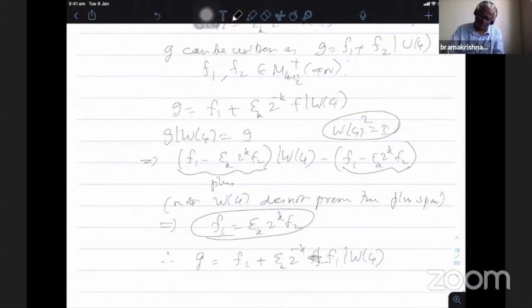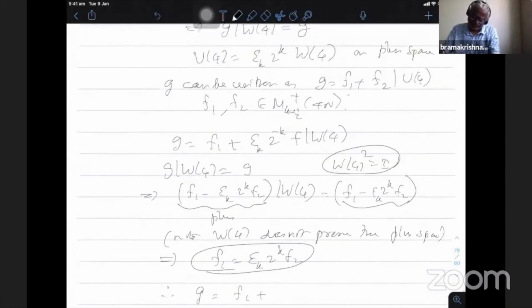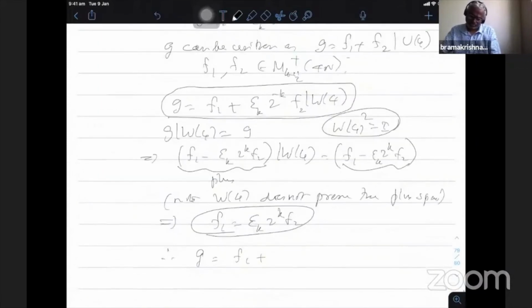Sorry, I should have cancelled certain things, because F1 equals, I was in a hurry. So initially that is G equals F1 plus F2 bar U. F2 bar, come back here. You substitute for F2 bar W4, that is epsilon_k 2 power minus k F1. Am I right? Something I made a mistake. I messed things up, I think.